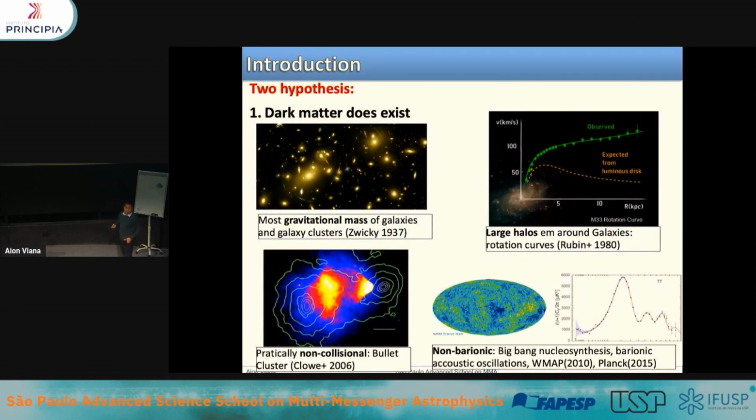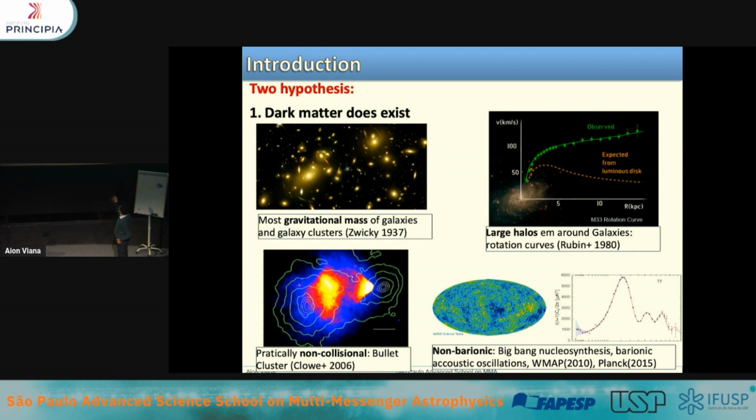So to begin with, for this talk, we have basically two hypotheses. One is that dark matter does exist. We know that most of the gravitational mass of galaxies and galaxy clusters is comprised of dark matter, of invisible matter.